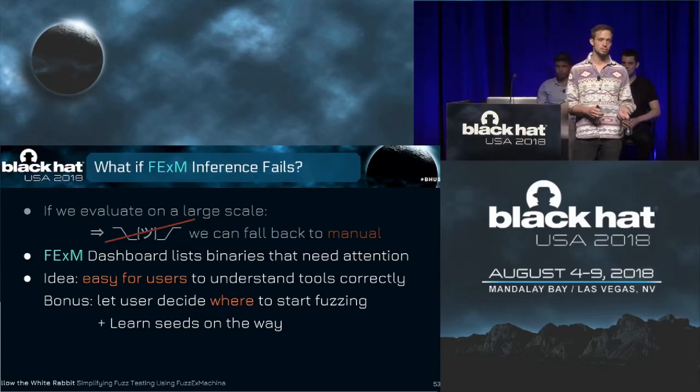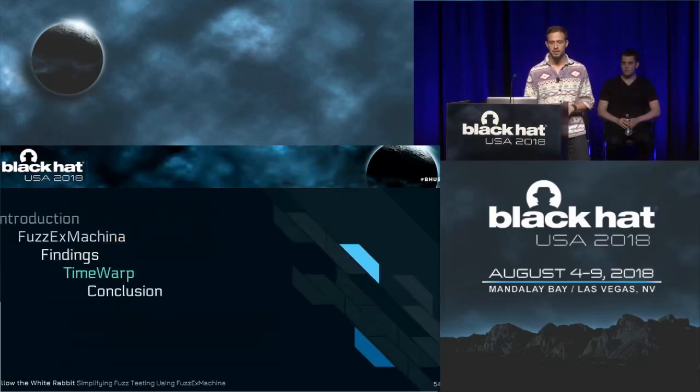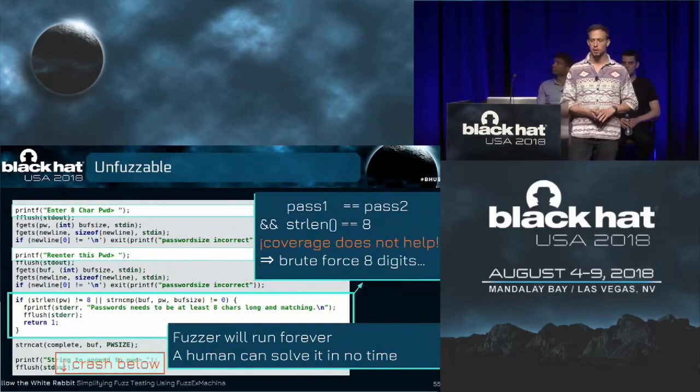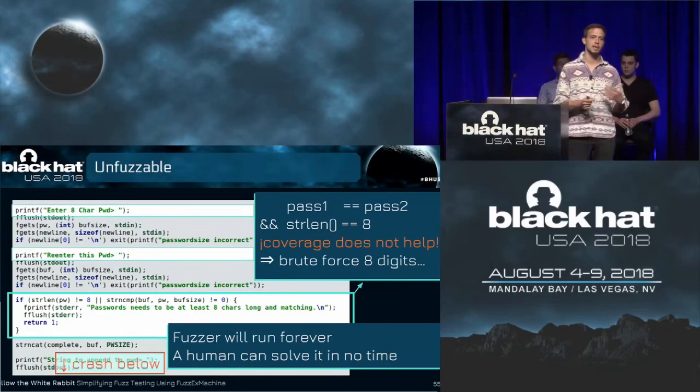So basically, as a user, you can use AFL, or you can use the tool as you would usually, because you know things that other people don't, using time warp. Here, we have an unfuzzable source code, which is, please give me 8 characters, and then please give me the same 8 characters again. That's basically entering a password.